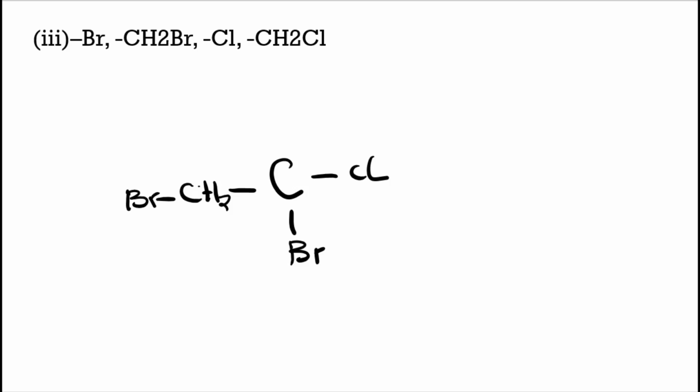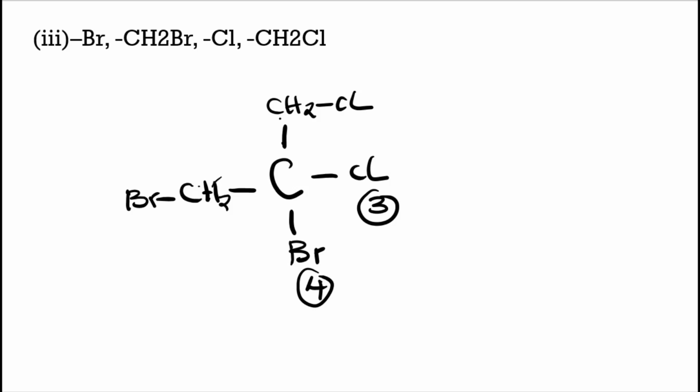Okay, let's go to number 3. These are the groups that are attached. You've got a chlorine here, a bromine here, a CH2 that is attached to a bromine, and a CH2 that is attached to a chlorine. Which one is the highest? Bromine has a higher atomic number compared to chlorine, so bromine will be number 4, followed by chlorine.